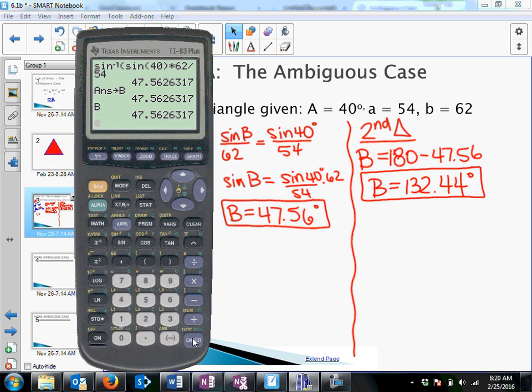All right. So now to find angle C, we know we need to take 180 minus angle A, which is 40, minus angle B, which is in our calculator. Okay? And so this we found as angle C, right? So I'm going to store it in alpha C so I can use it later.